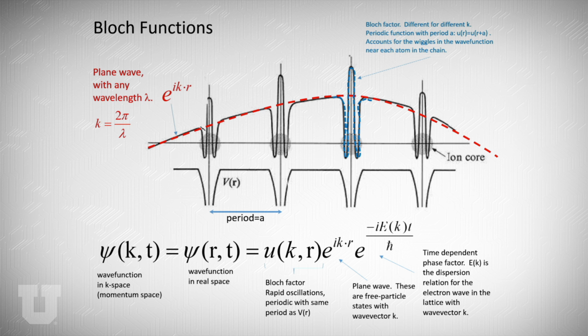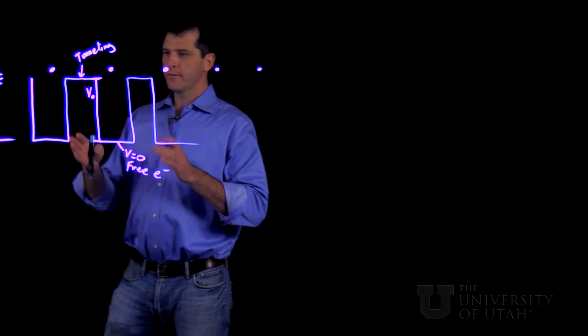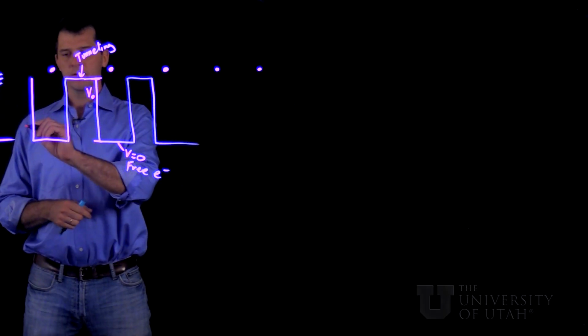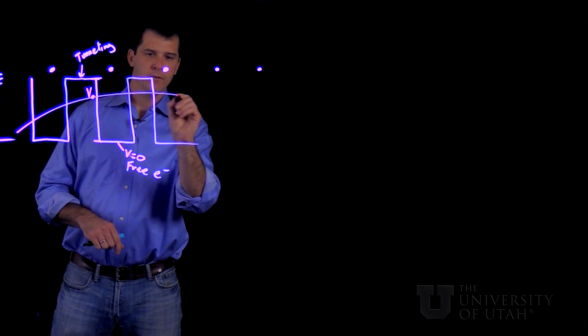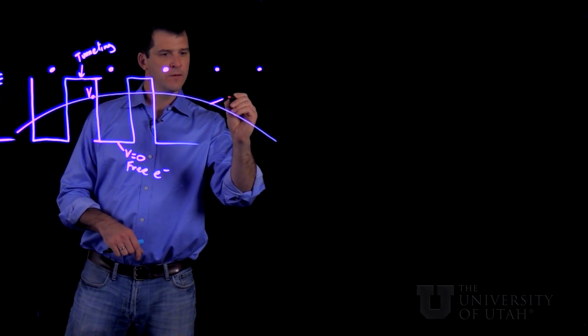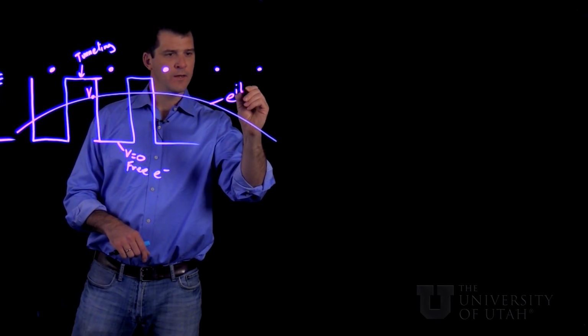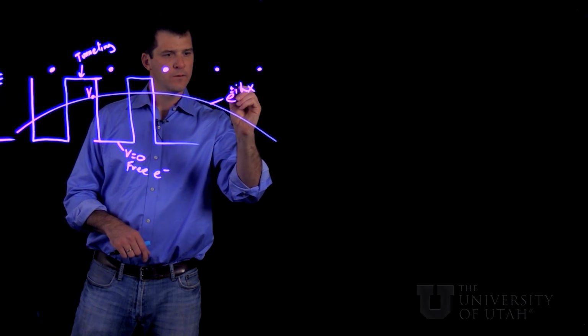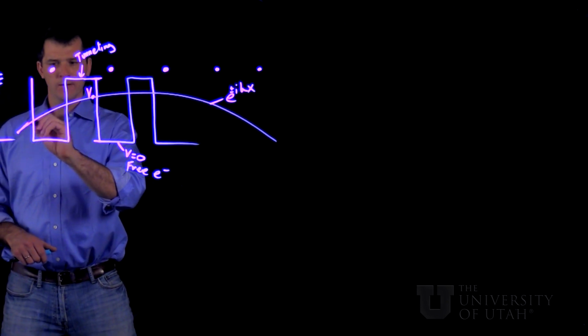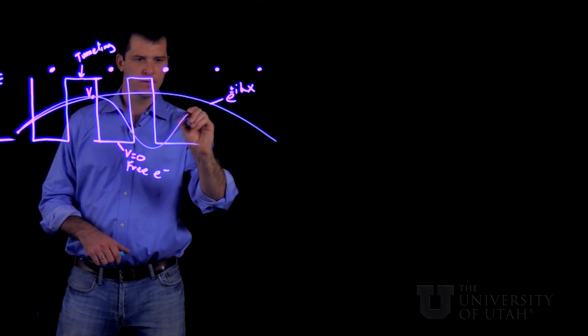And it's essentially a plane wave, which is then modulated by a function which is periodic with the same periodicity of the potential. So we're going to seek solutions in this potential where we can have plane waves, which would be our normal e to the i kx type, and they could have different wavelengths.